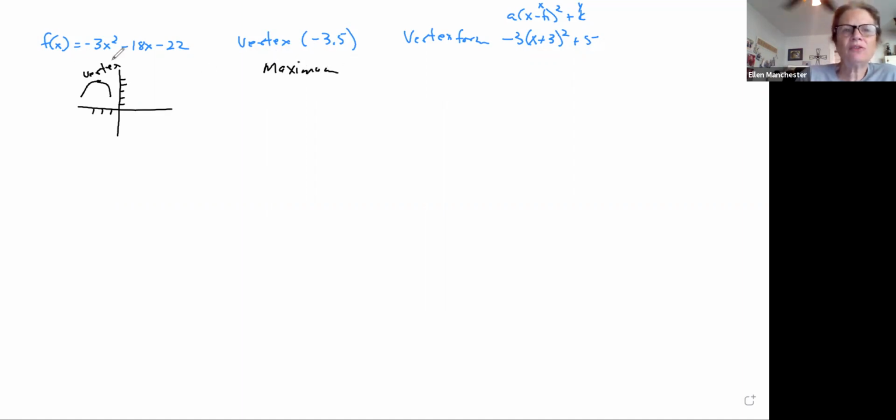The easiest way to find the maximum is to look at this first term. If a is negative, we have a maximum. If a is positive, we have a minimum, because that's our highest point. All right, so now we're going to look for our intercepts.